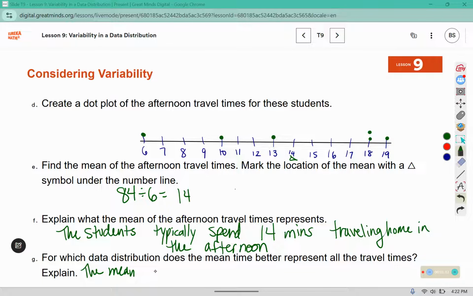So the mean better represents the travel times for the morning, because the variability is less than in the afternoon.